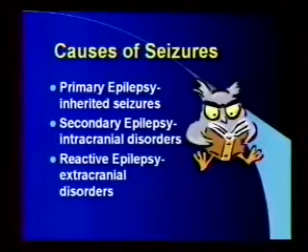And then there are extracranial disorders that cause seizures. Examples of that are hypoglycemia or liver problems, and certainly toxicities, intoxications. These are some of the extracranial causes. So we have intracranial causes and we have extracranial causes.